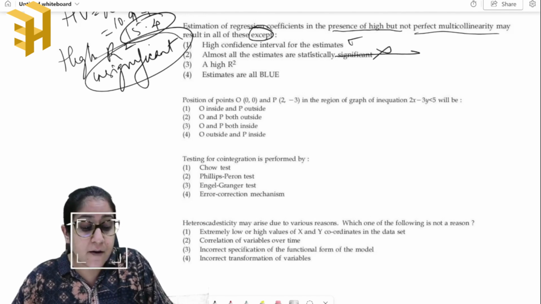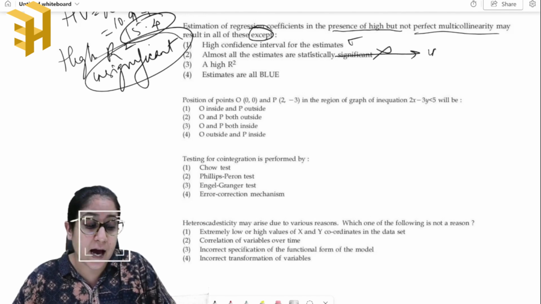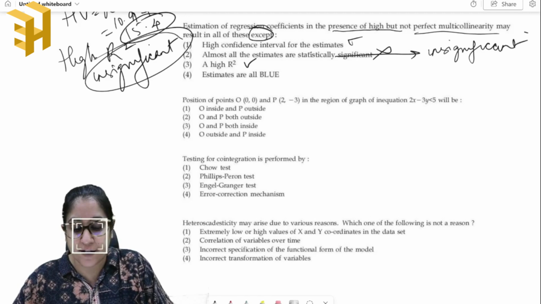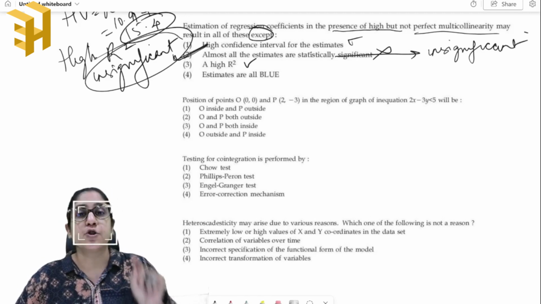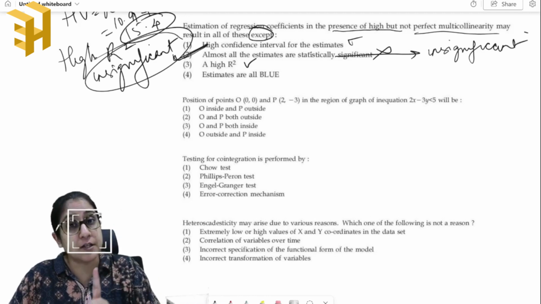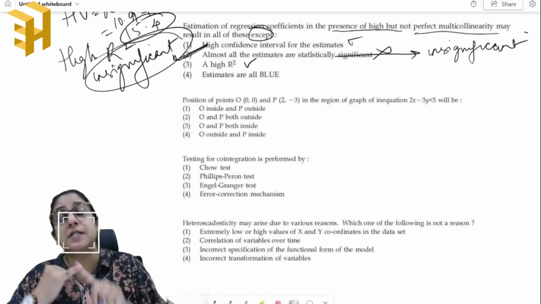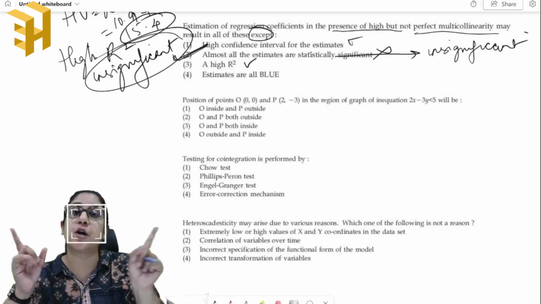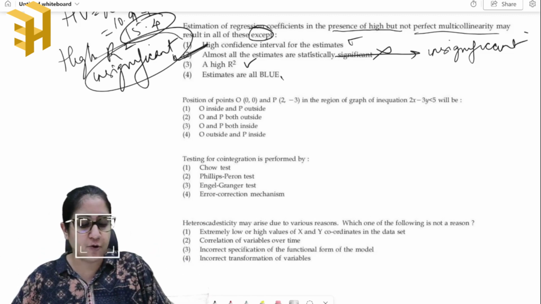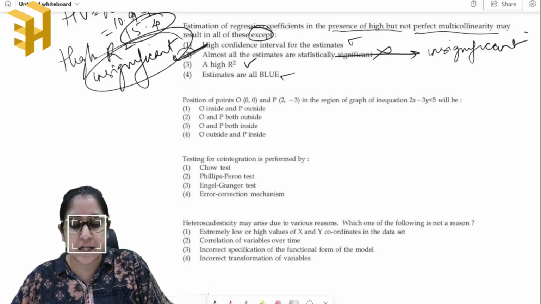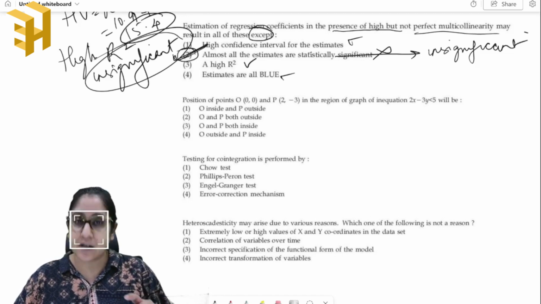Multicollinearity states that the estimates are insignificant with high R square. So the correct option will be option 2. The multicollinearity will result in insignificant estimates but high R square, which are both contradictory, right? And estimates are all BLUE: this is also correct. So the second is the right answer in this case.